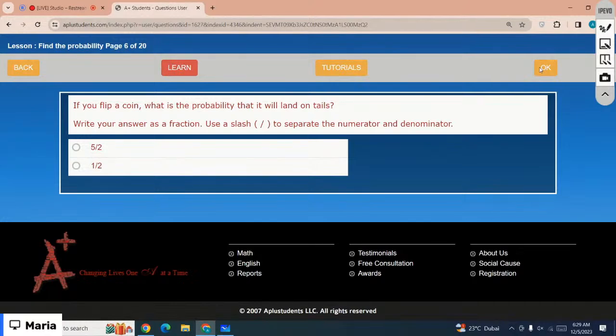Okay, the next one is, you flip a coin. What is the probability that it will land on tails? Which is the correct option?